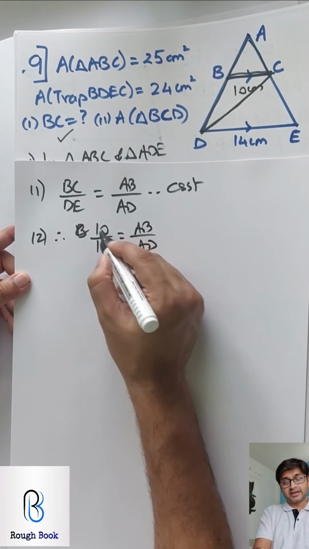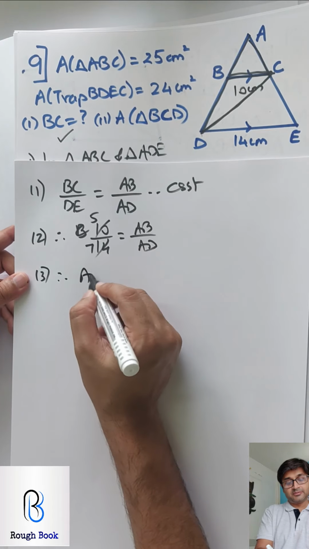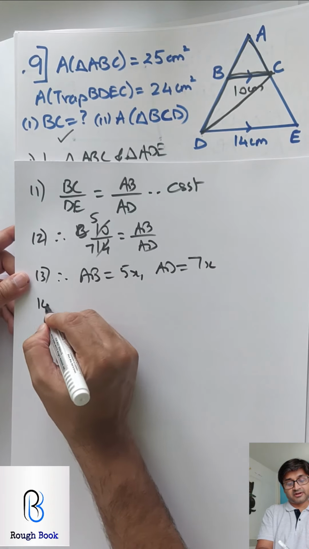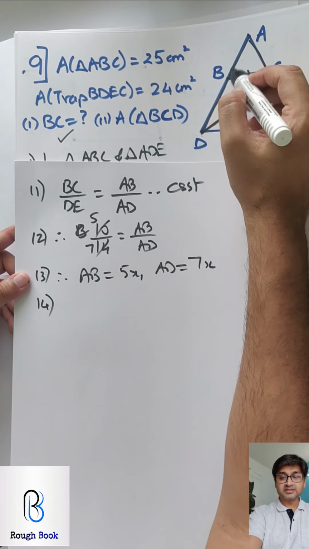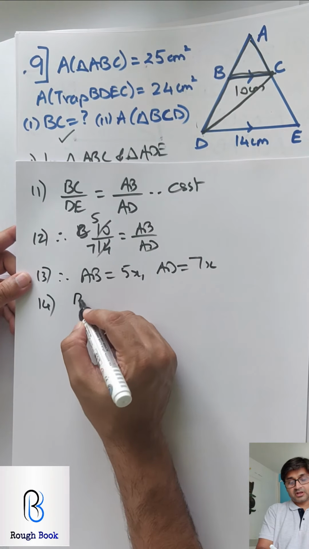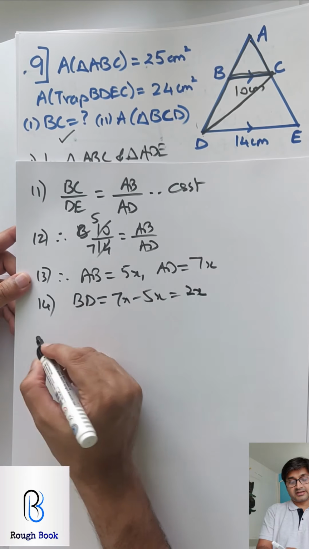AB upon AD, I can cancel this, 5 by 7. So therefore AB is 5x and AD is 7x. So I got this 5x and the full as 7x. So what I need now is BD. So I will say BD is 7x minus 5x, 2x.